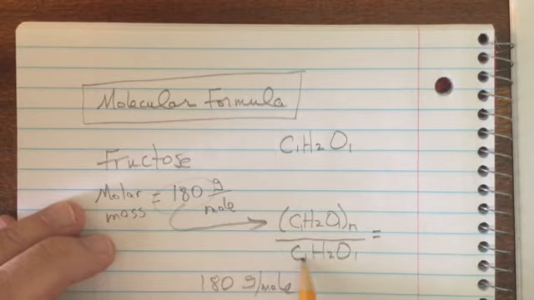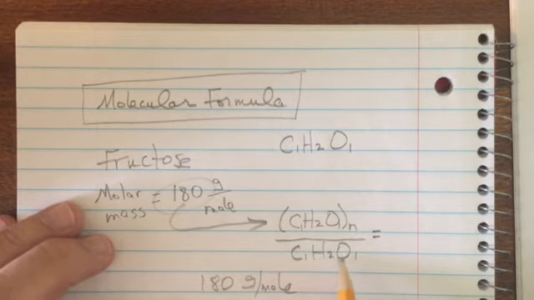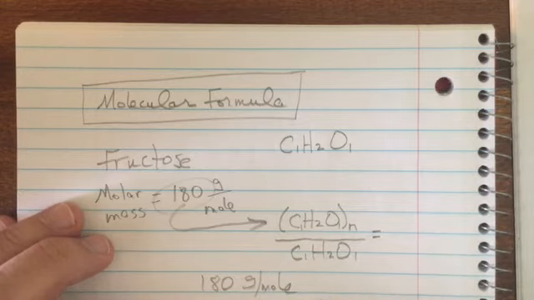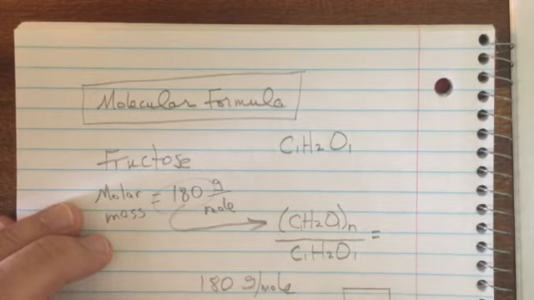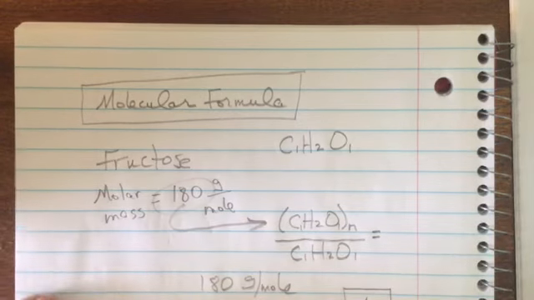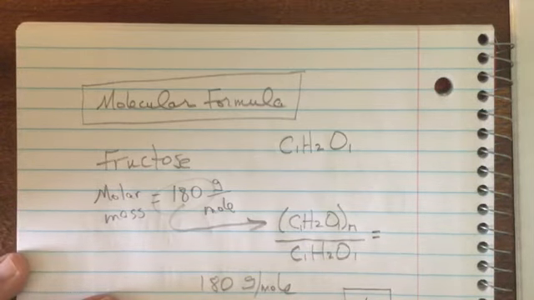What's the molar mass of C1H2O1? Well, one carbon has a mass of 12.0, hydrogen is 1, there's 2 of those, and oxygen 16. So 12 plus 2 plus 16 is 30, 30 grams per mole. 180 divided by 30, this gives me a number of 6. That's my multiplier used to multiply the empirical formula by.